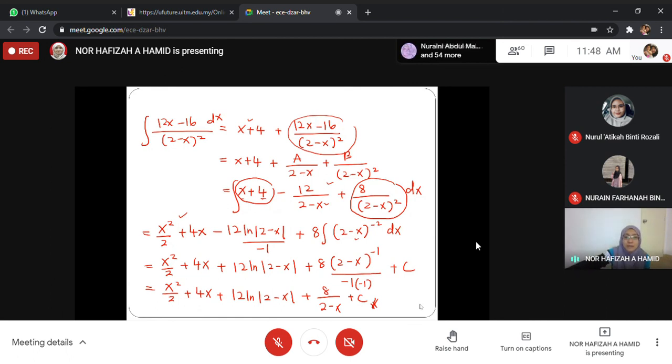You tengok kalau boleh pakai synthetic mungkin lagi senang pakai synthetic. Tapi synthetic tu kalau you ingat lagi dia ada certain condition, dia bukan semua boleh pakai synthetic division. You kena refer balik mana yang boleh pakai synthetic you boleh pakai, mana yang tak satisfy condition untuk synthetic tu then you kena pakai long division to solve.